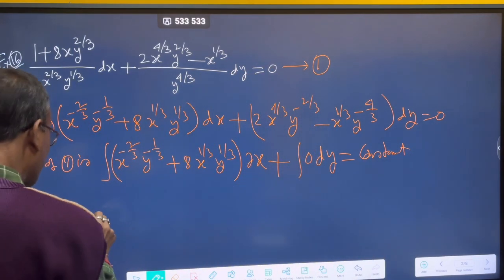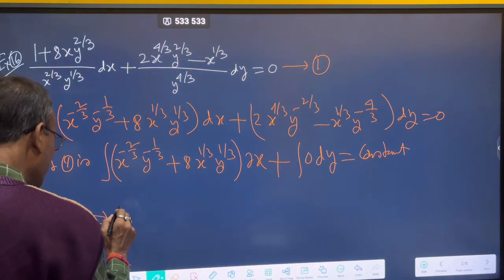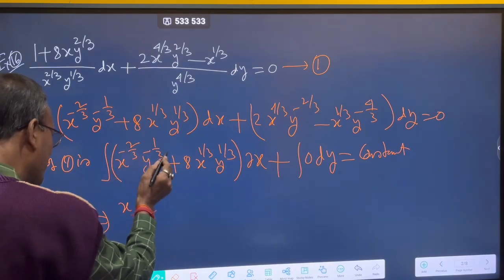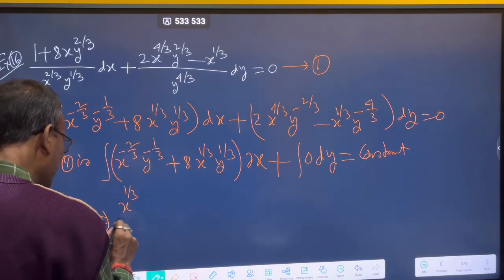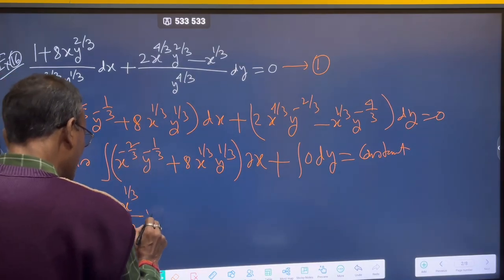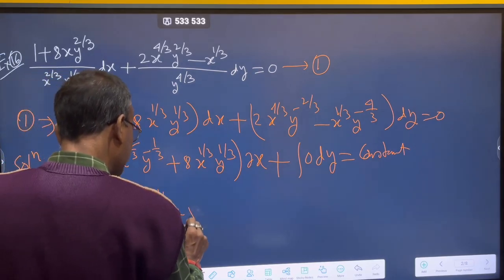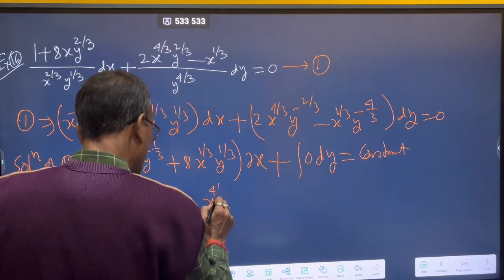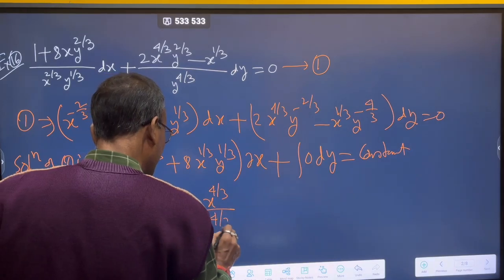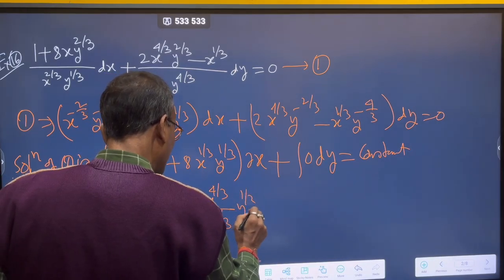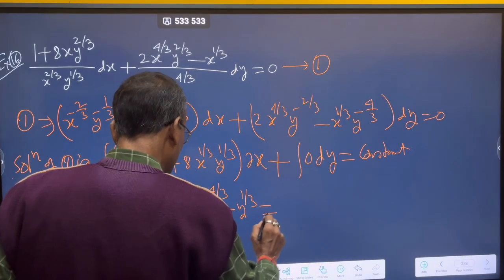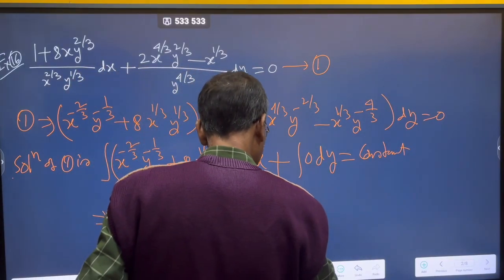Now integrate this one. It will be x to the power minus 2 by 3 plus 1, which means 1 by 3, divided by 1 by 3, y to the power minus 1 by 3, plus 8 x to the power 4 by 3 divided by 4 by 3, y to the power 1 by 3. This is equal to, suppose, 3c.